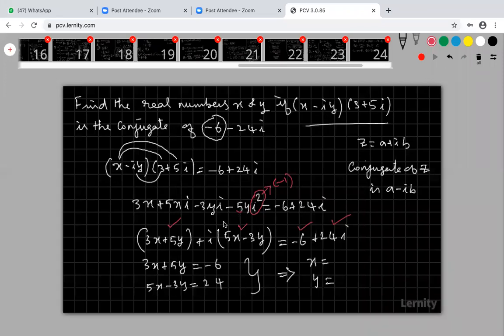No i, 5y only, that 5y I am writing here, because no i means I am taking the real part. Are you clear? Very good. Are you getting x is equal to 3, y is equal to minus 3?